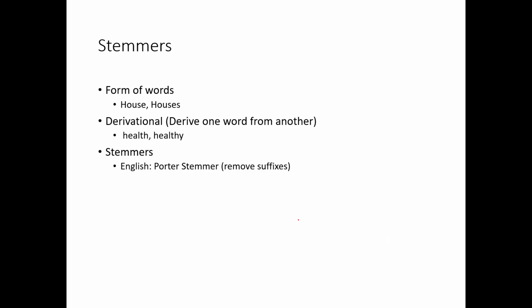For example, house and houses, you remove the last S. Likewise, you can remove part of the word, which we call stemming. The common stemmers used for the English language are like the Porter stemmer, a rule-based system which is used to remove the suffixes and sometimes the prefixes to get the root of the word.